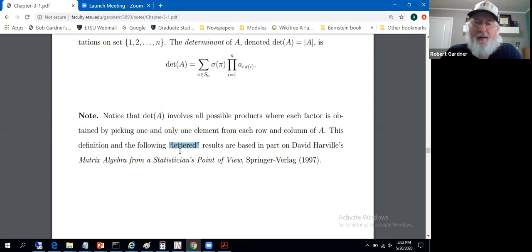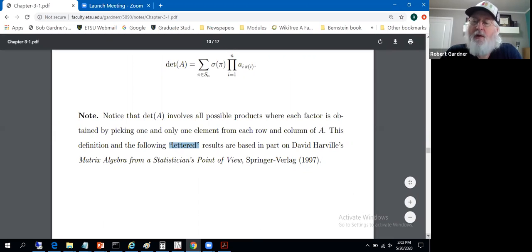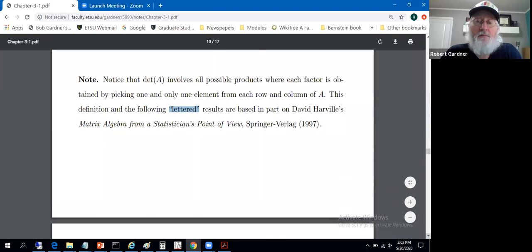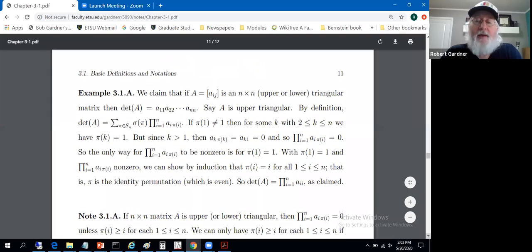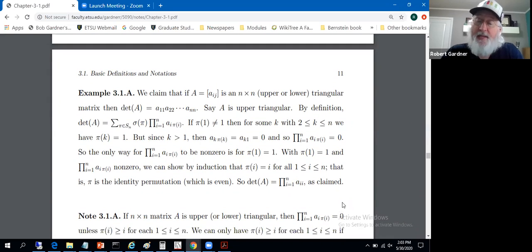So I just introduced that notation to distinguish where we are as opposed to being in our designated textbook. Okay, so we want to talk about some properties of determinants, and we want to talk about them using that definition of determinant we have in terms of those summations and all in permutations.